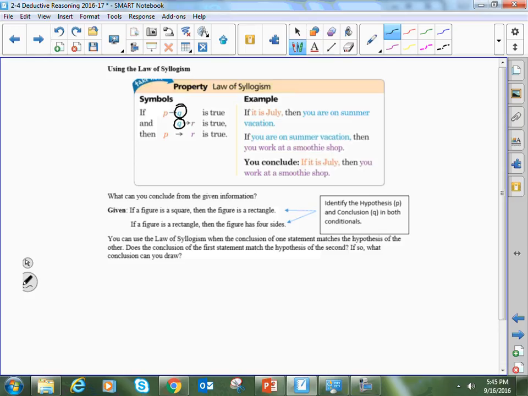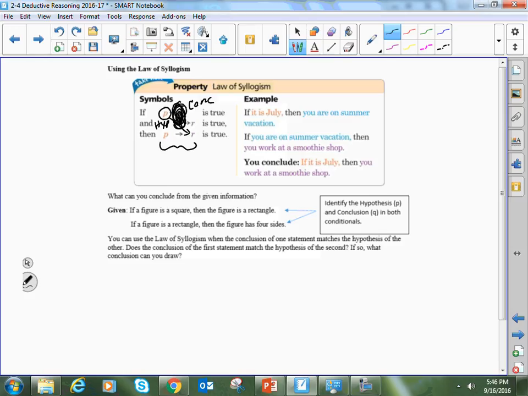So when the conclusion here and the hypothesis here match, essentially they cancel each other out, which allows me to take this hypothesis and go directly to this conclusion, which is essentially what you're seeing down here at the bottom.